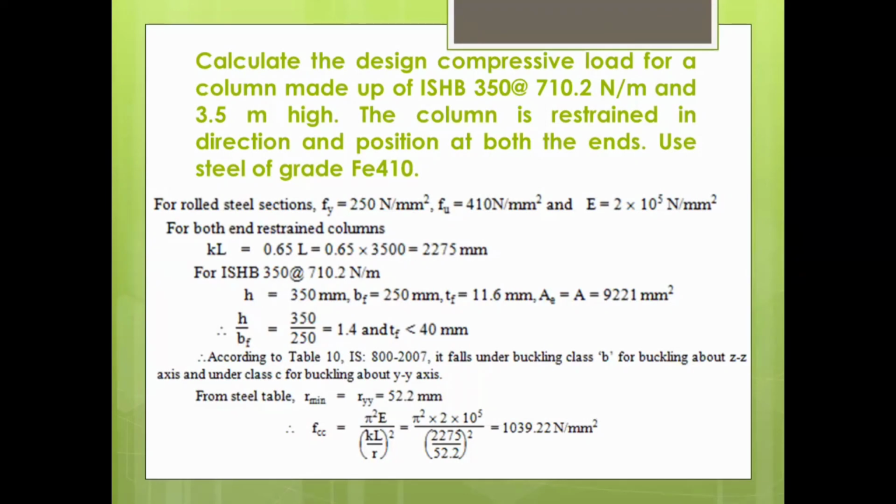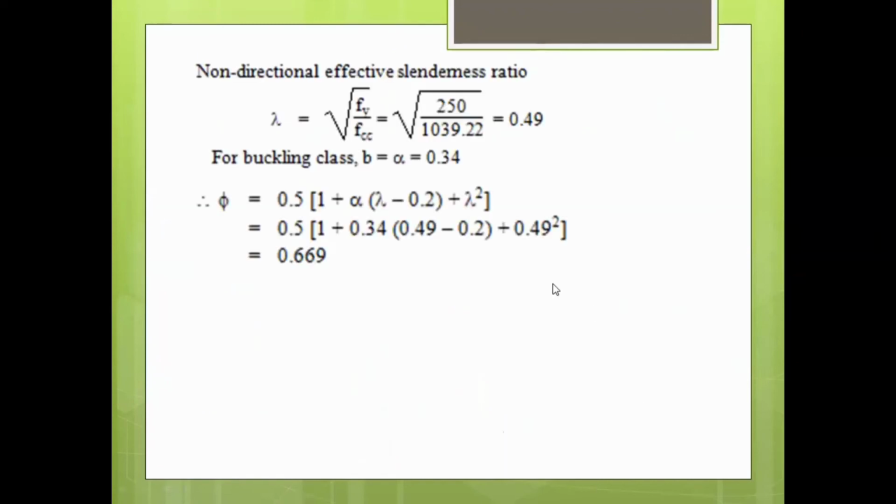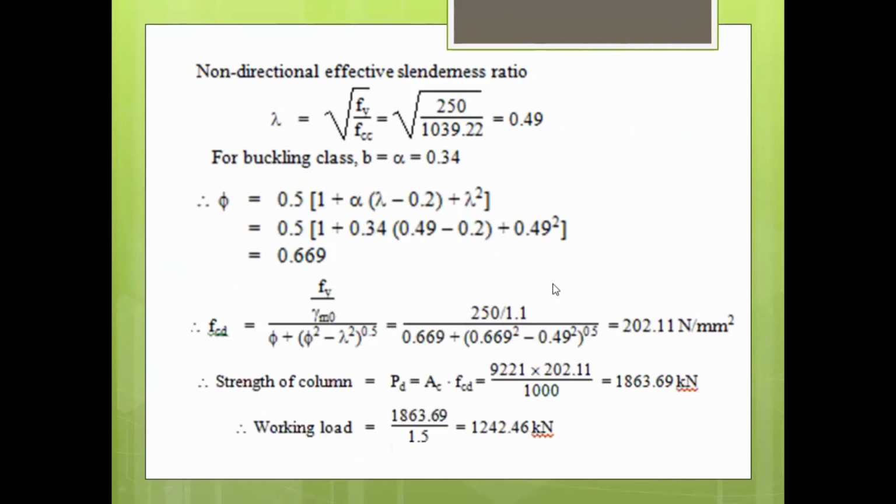A, then B, then C, and then D. This is usually followed. So this is how we evaluate the design compressive stress of compression members.